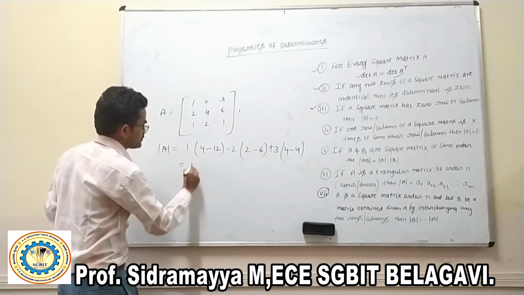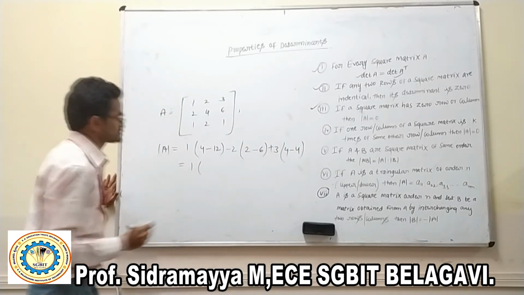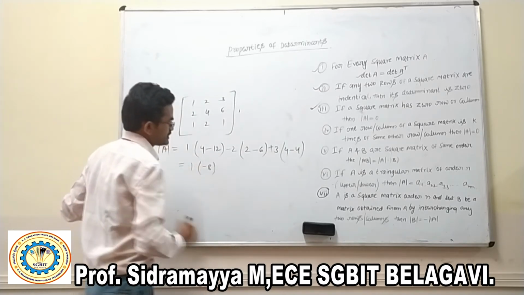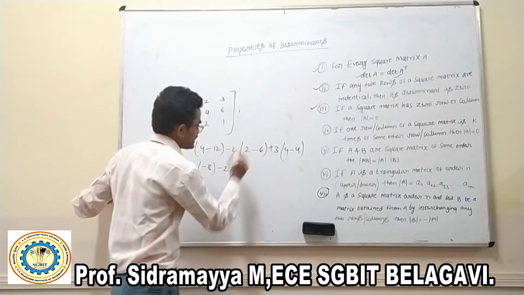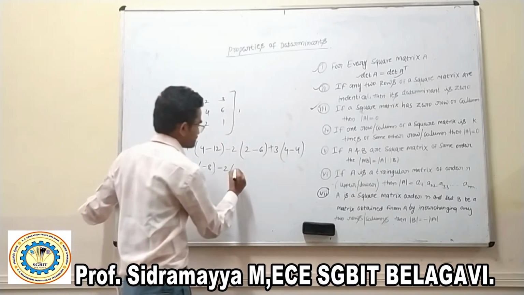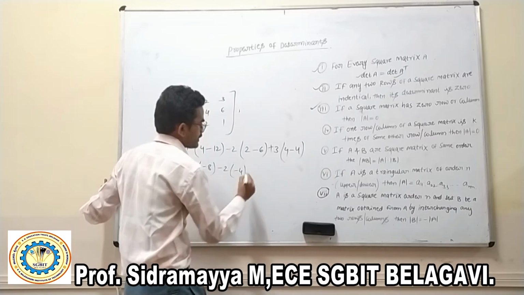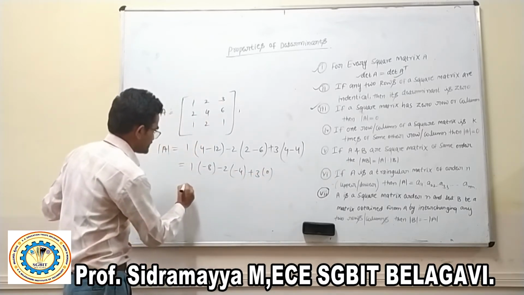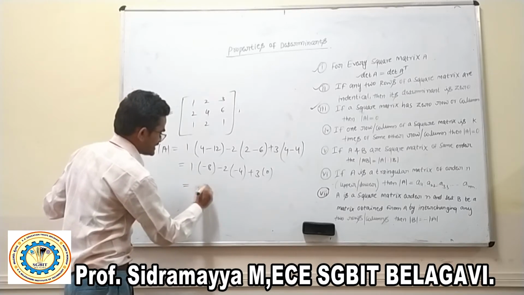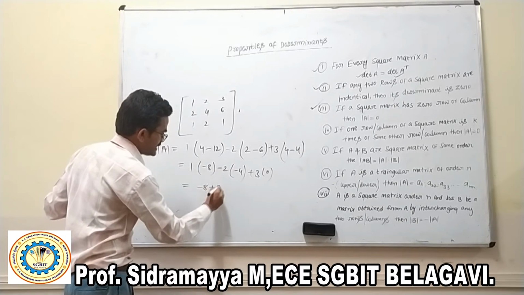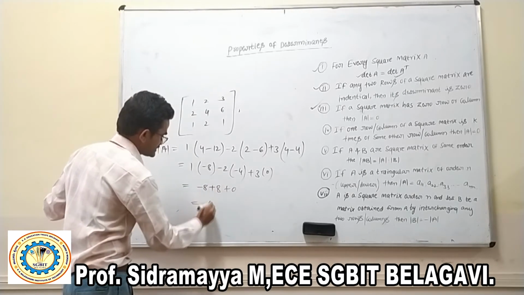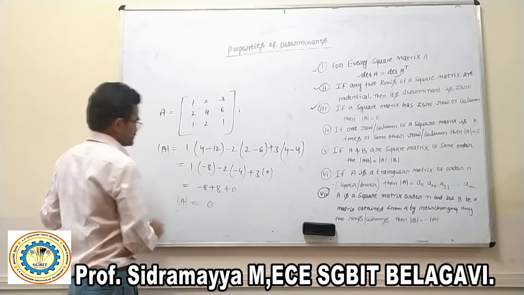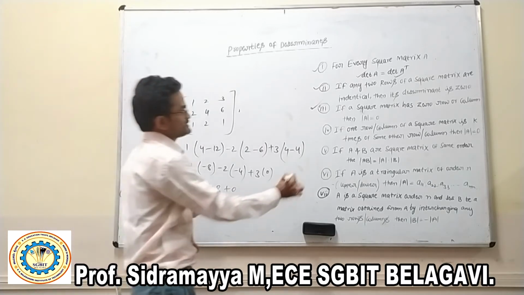Now calculate this. 1 into 4 minus 12 is minus 8. Minus 2 keep as it is, and 2 minus 6 is minus 4. Plus 3 into 4 minus 4 is 0. So this is minus 8, minus into minus is plus 8, plus 0. So the answer is 0.